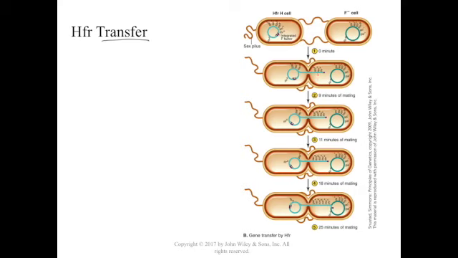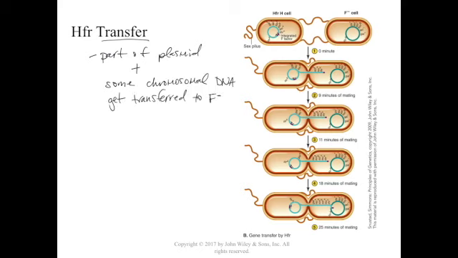So in HFR transfer, part of the plasmid plus some chromosomal DNA get transferred to the recipient cell, or to our F minus cell. On our diagram over here, you can see that purple part of the plasmid, just a little tiny bit of the plasmid, has been transferred, along with several chromosomal genes that are being copied from our donor cell chromosome.